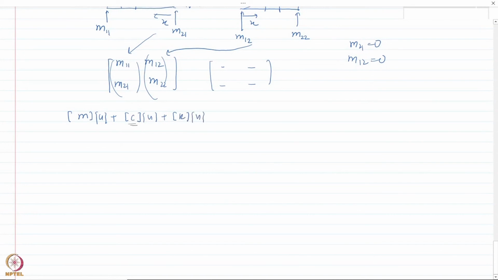For the damping matrix, if it's a shear type building, we just replicate the mass and stiffness matrix, and this would be equal to the applied force vector along the respective degrees of freedom. So this is another way of finding the equation of motion using the influence coefficient method.